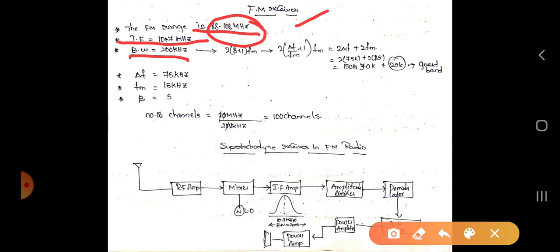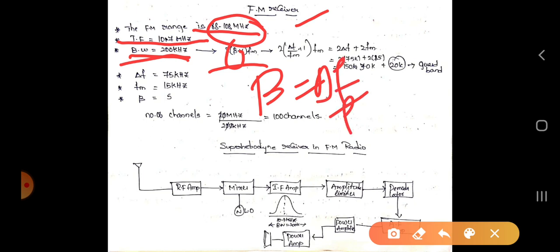So in FM radio each channel has 200 kilohertz, and we know the bandwidth for an FM signal is 2 into (beta plus 1) into fm, as we have already discussed in the previous topics, where beta is the modulation index. Beta is delta f, the frequency deviation, divided by fm.